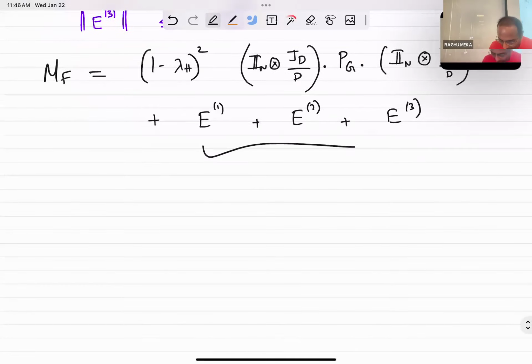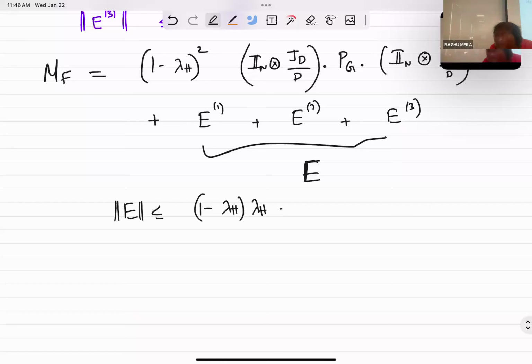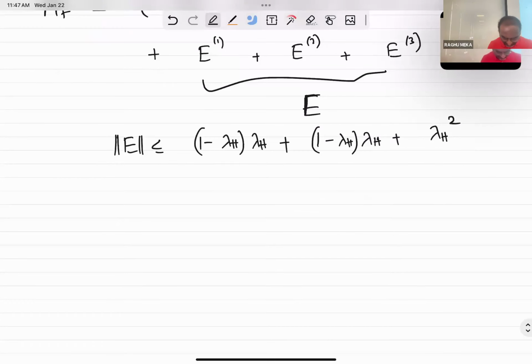Let me put all of these together and call it E. The norm of E is at most the spectral norm of E1, spectral norm of E2, plus the spectral norm of E3. And if you simplify it, I think it equals this.